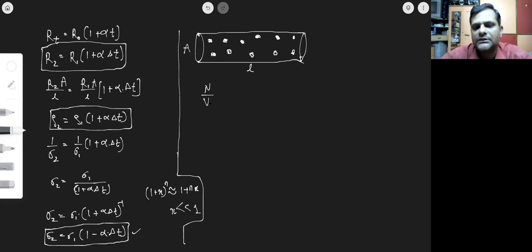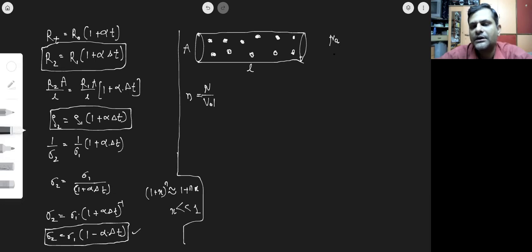Here V is nothing but volume, so we can denote it by VOL, because V is reserved for potential difference. So to define number of electron density, it is denoted by small n, which is defined as the total number of electrons per unit volume. Suppose there is a conductor and it is a sodium metal.